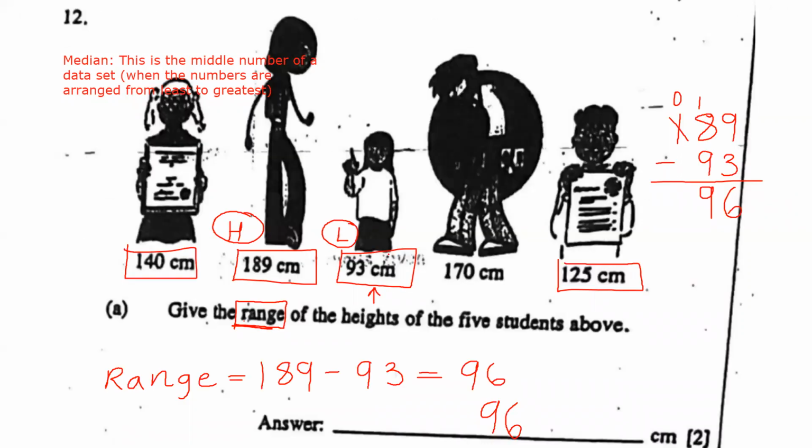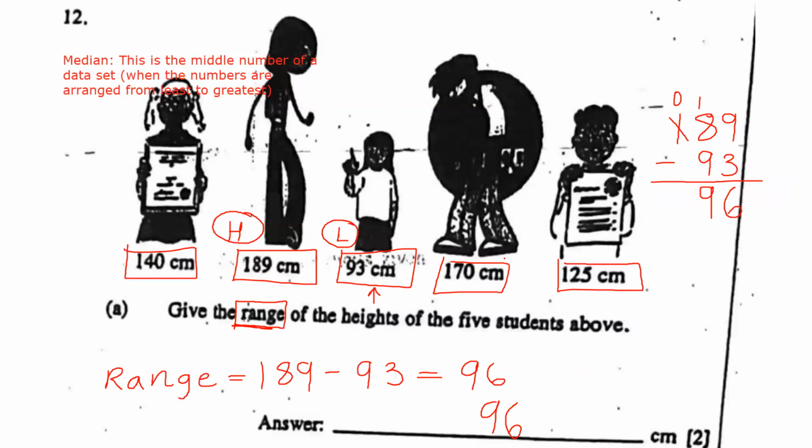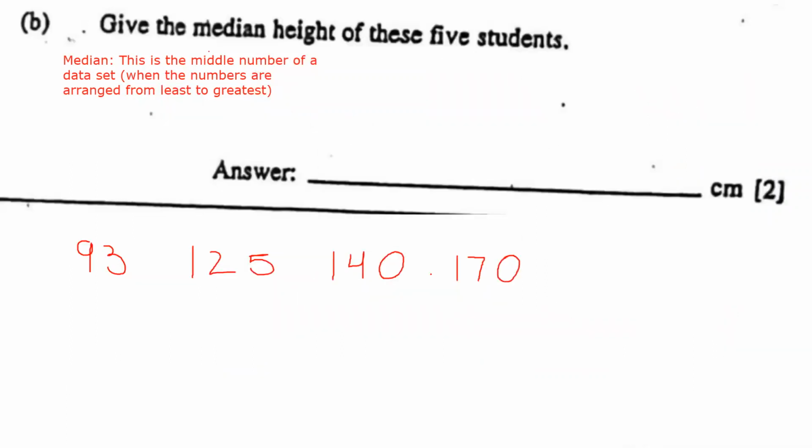Then we have 170. And then we have 189. So let's pair these numbers up and figure out which number is exactly in the middle.